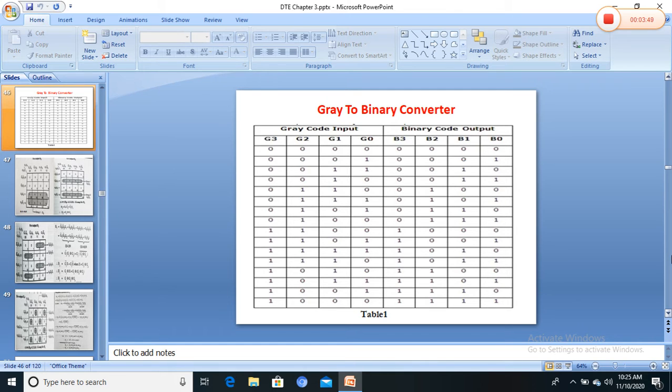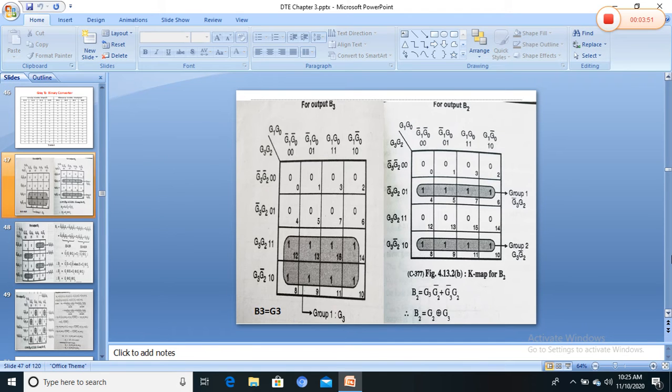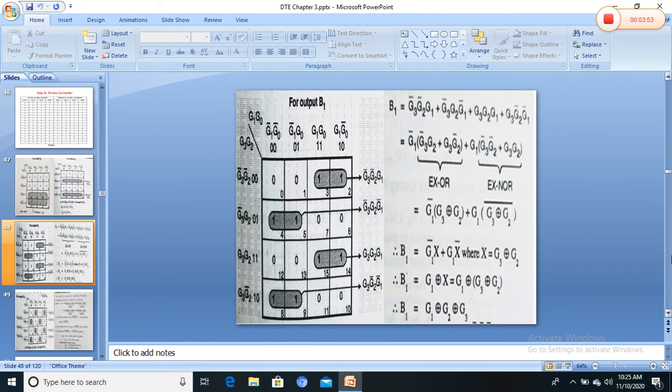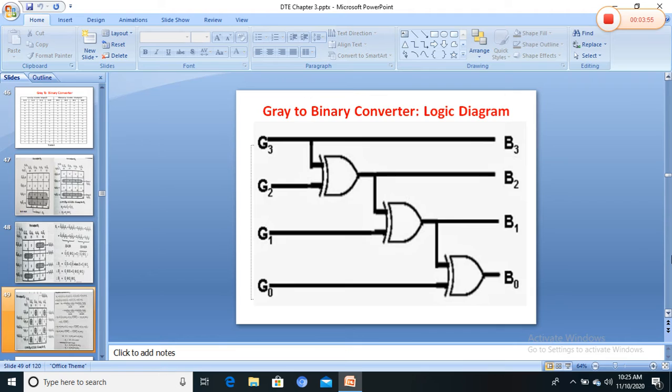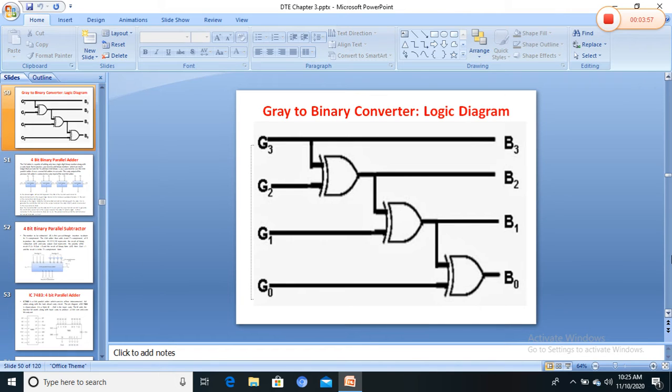From this truth table we realize the equations for B3, B2, B1 and B0, and we realize these equations in this diagram as XOR gates, since the equations are in the form of XOR.